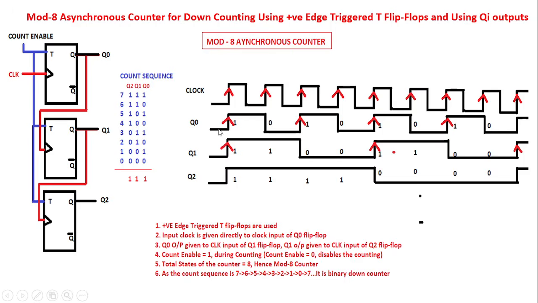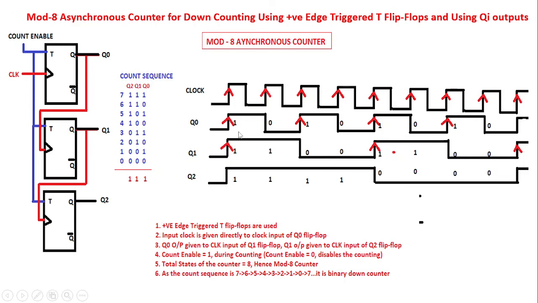Whenever there is an edge on Q0, Q1 toggles, and this is the output. Similarly, since Q1 is fed as an input clock to the last flip-flop whose output is Q2, Q2 toggles whenever there is a positive edge in the Q1 input. So we can observe that.